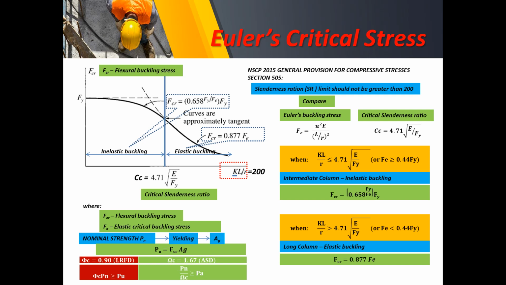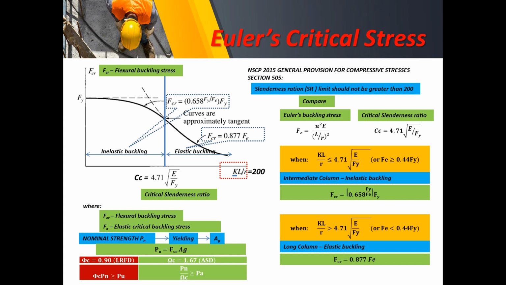So of course we're familiar with the LRFD and the ASD reduction factor. So this time phi under compression is 0.9 for LRFD and omega under compression is 1.67.